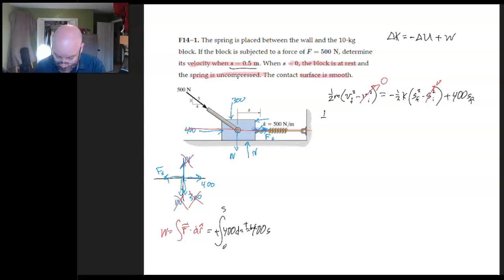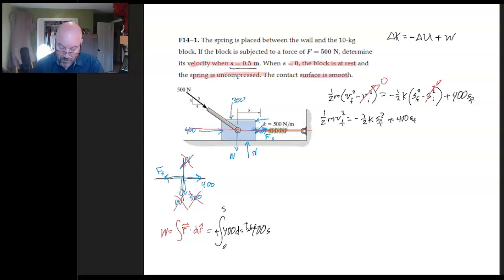So we've got 1/2 m v final squared is minus 1/2 k s final squared plus 400 s final. And we're interested in that velocity. So here's how I'm going to work that out.